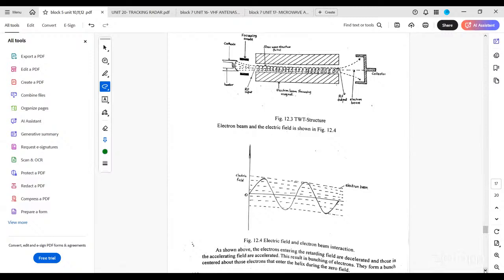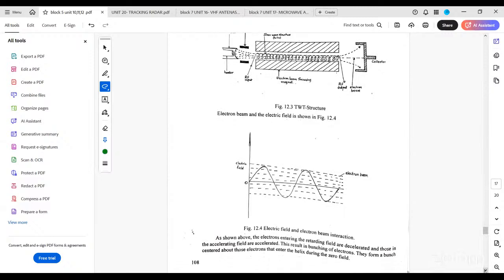Here field is maximum means more electrons are accelerated. More electrons are accelerated. It is moving easily. For the negative off cycle, field is less. Electrons are what happening? Deaccelerating. Electrons are deaccelerated, which is explained in the down part of the figure.